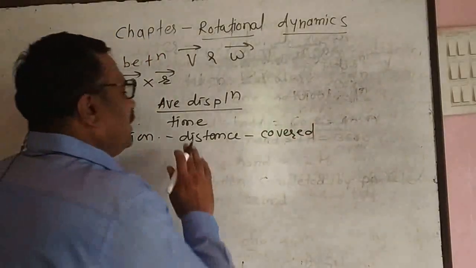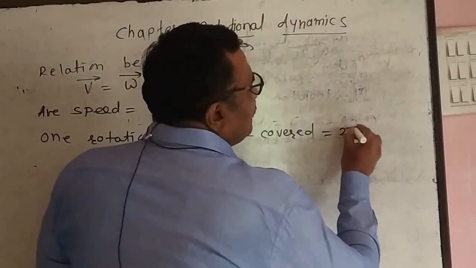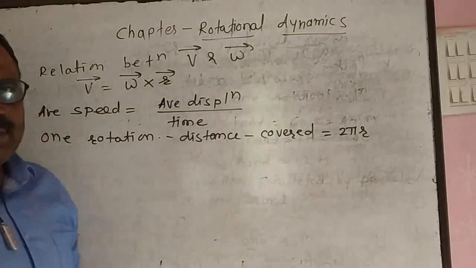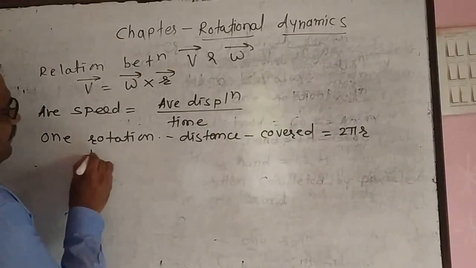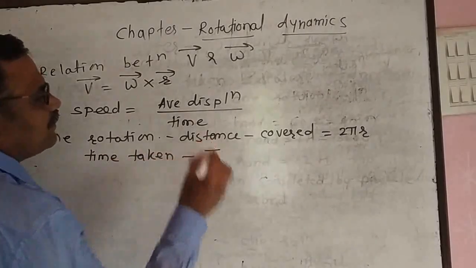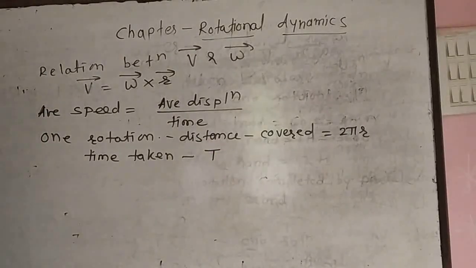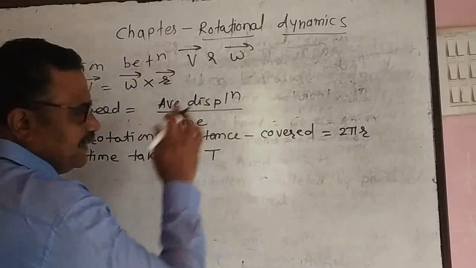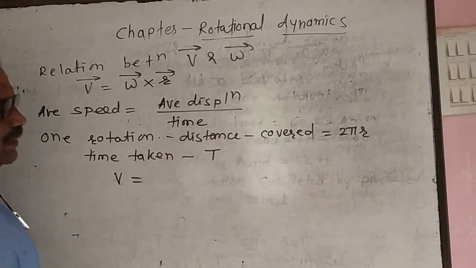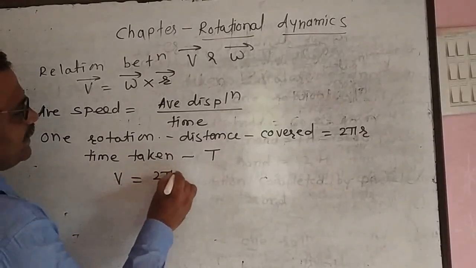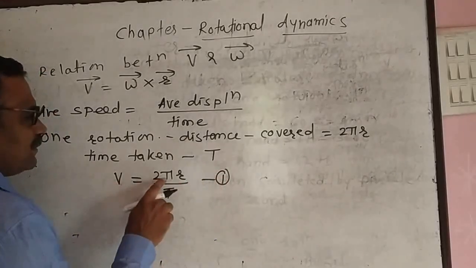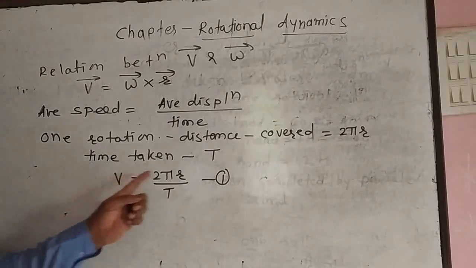We know the distance covered is equal to the circumference of the circle, denoted by twice pi r. Time taken by the particle to complete one rotation is equal to the time period. Therefore, substituting these two values in the above equation, average speed of a particle in circular motion is equal to twice pi r upon T. In this way, V is equal to twice pi r upon T.